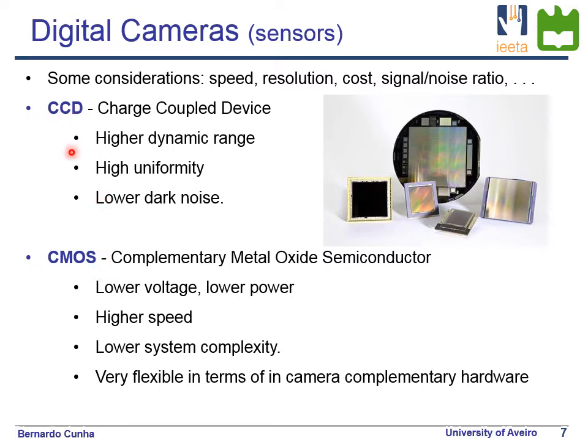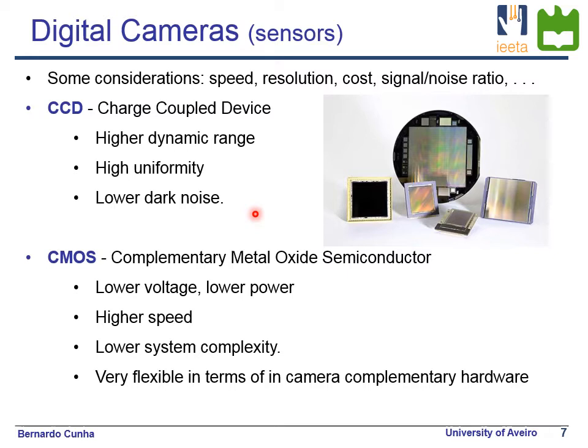The first one produces a higher dynamic range than a CMOS camera, which means that you can create images that can differentiate more between dark and light images. They also produce a higher uniformity image than the one you can obtain with CMOS, and also for the same temperature, let's say, produce a lower level of dark noise.